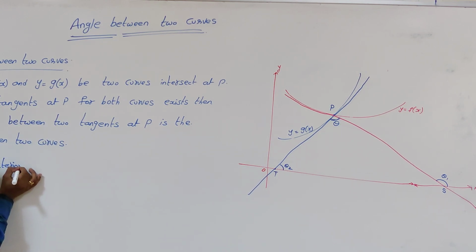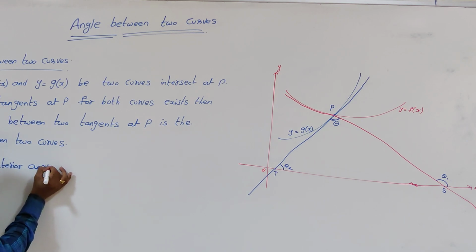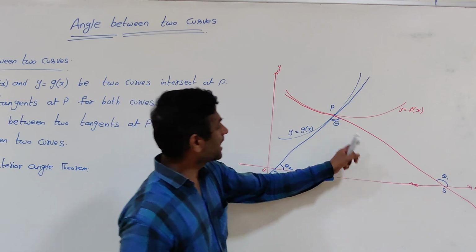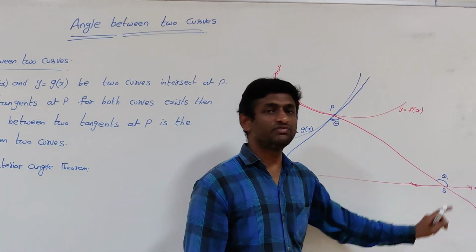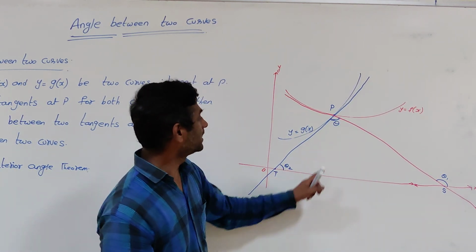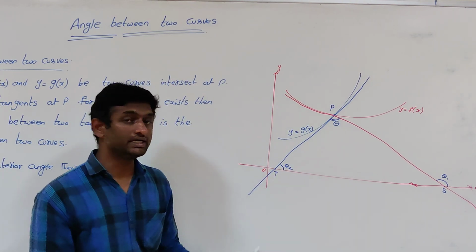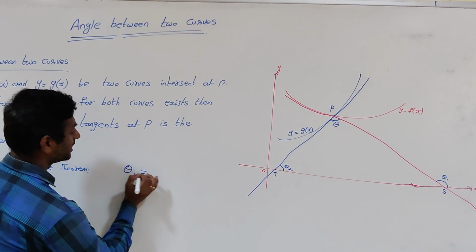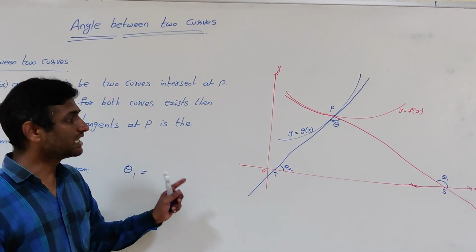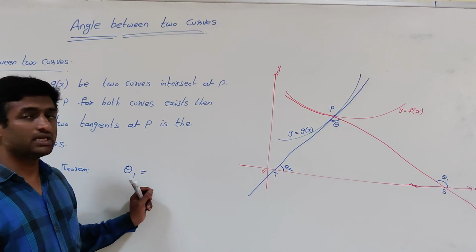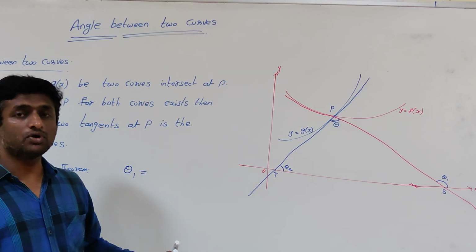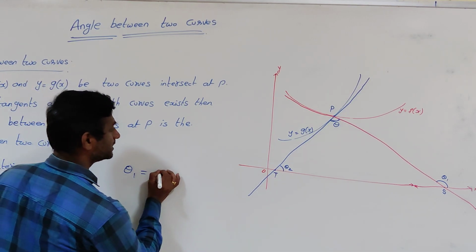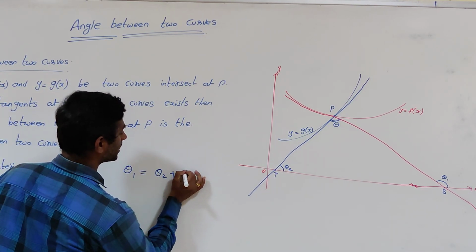So what is the exterior angle theorem? In triangle PTS, if theta 1 is the exterior angle, then theta 1 is equal to the sum of the opposite interior angles, that is theta 2 plus theta.